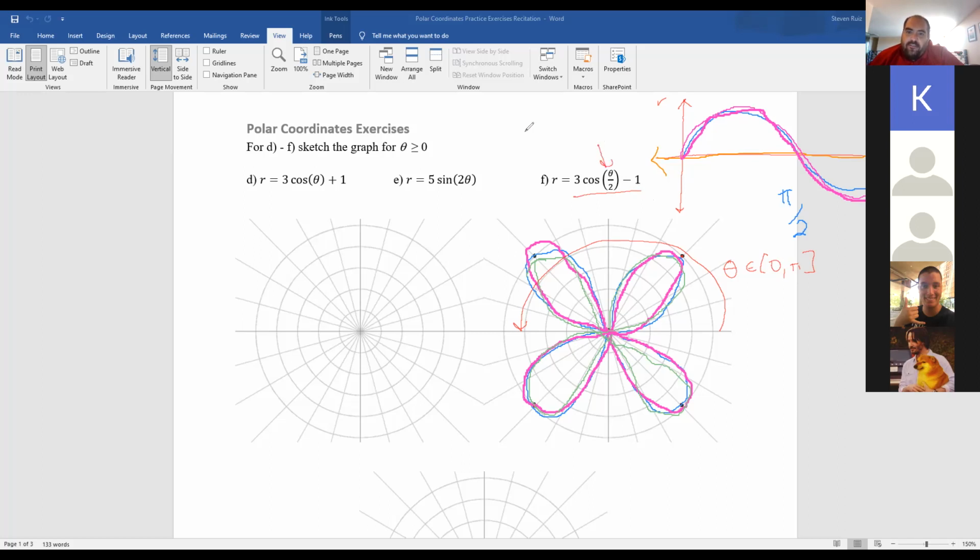So what's the period of a function that looks like this? 4 pi. 4 pi. And I can tell from your graphs, a few of you, that you only let theta vary between 0 and 2 pi, because there was a large swath of that graph that was missing.